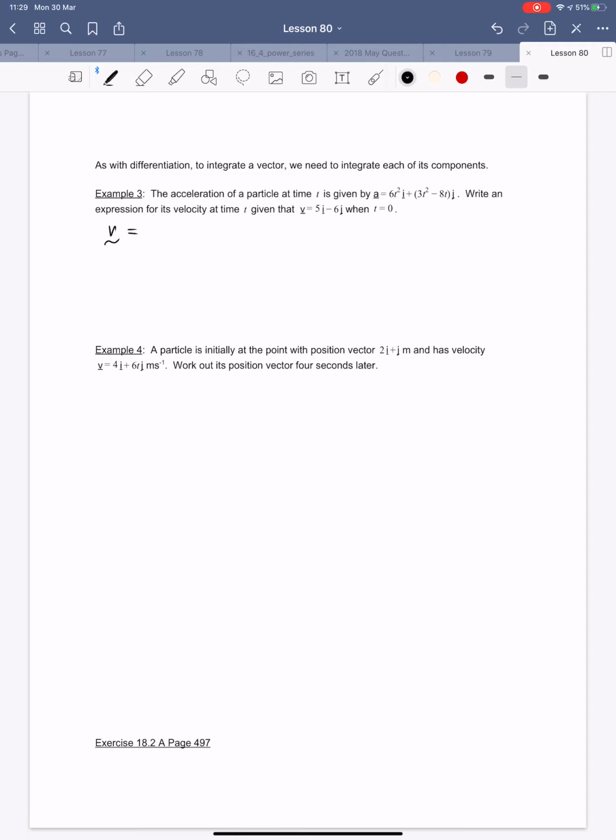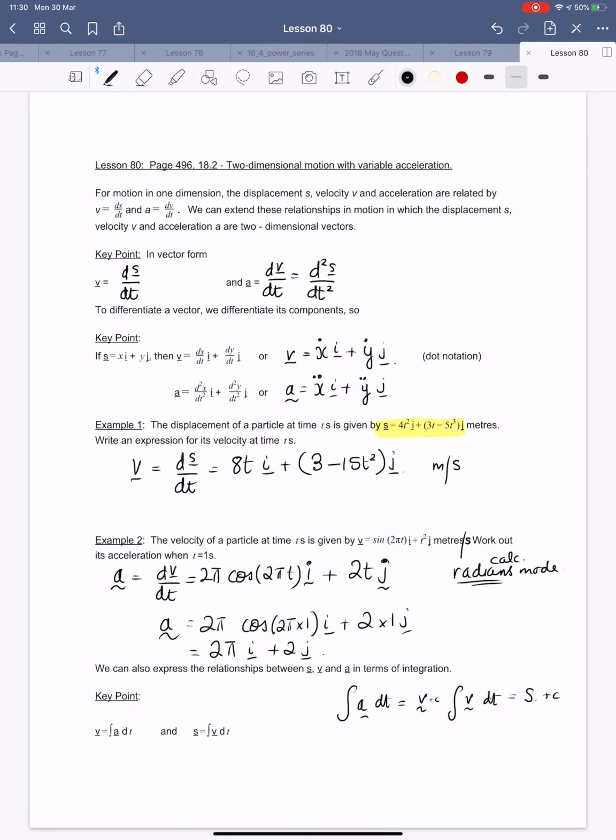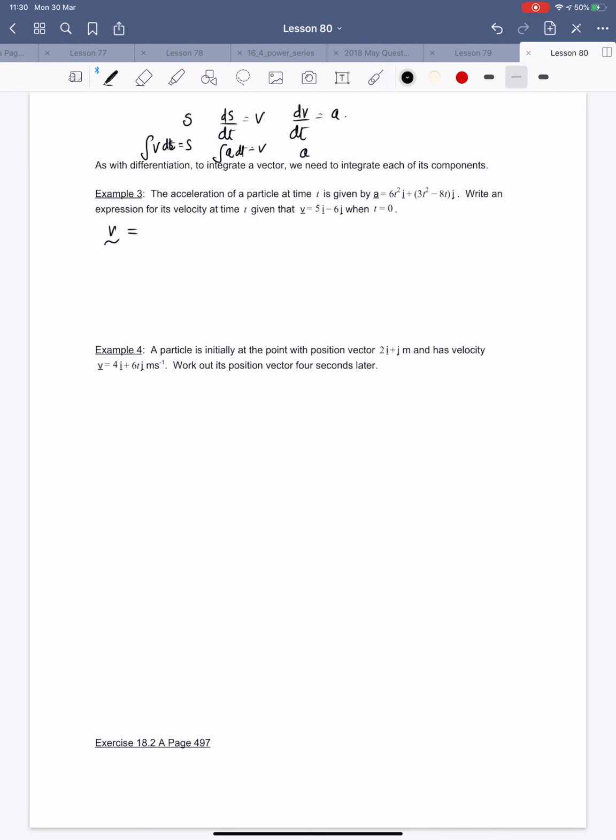If you think, ds/dt gives us v, dv/dt gives us a. So if we've got a, the integral of a dt gives us v, the integral of v dt gives us s. And we need the constants of integration as well.